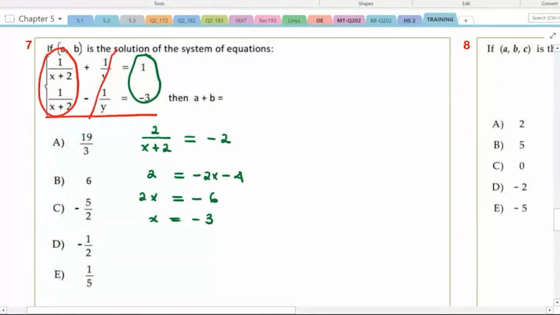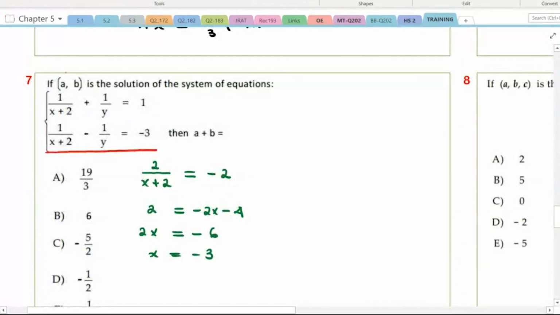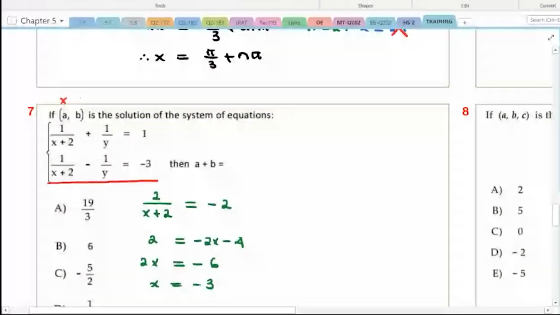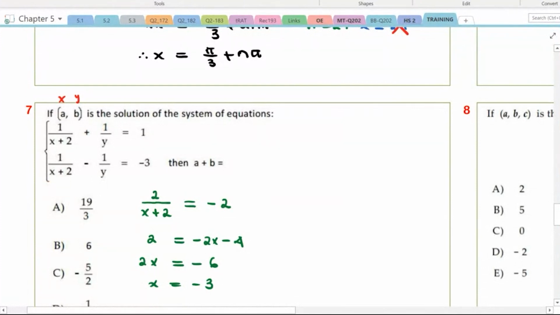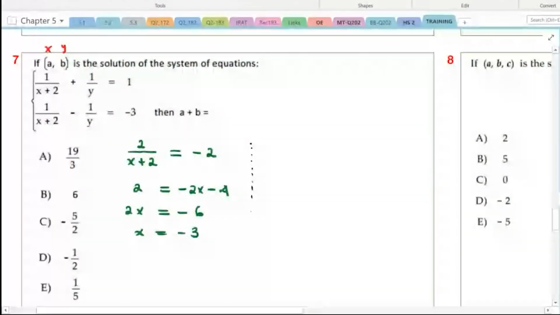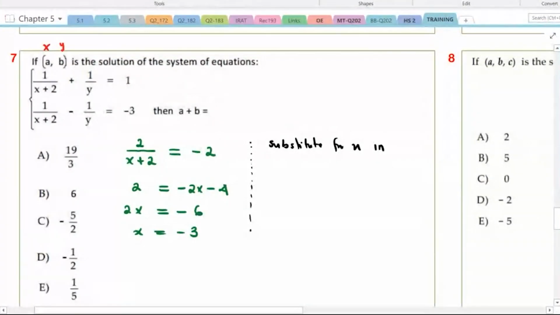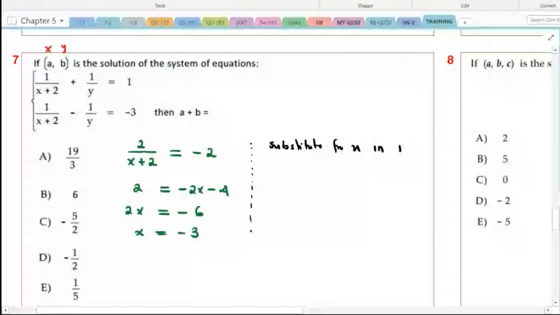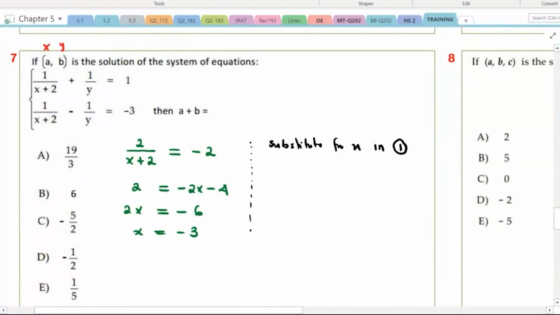So gentlemen, we have the value of x. This one is our x, while this one is actually y. A is represented by x, and B is y. So how do we find y? We can substitute -3 for x in either equation number 1 or equation number 2. Whichever you use is the same. Let's say 1. We have maybe smaller numbers in 1. So if I substitute x here, x is equal to -3.